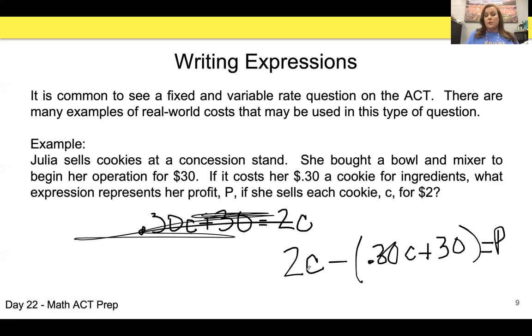So 2 minus 30 cents, she's making a profit of $1.70 per cookie. And then once she makes $1.70 per cookie, she's got to subtract out the $30, that fixed cost, and that's going to give her her total profit. So basically, she's got to make $30 before she gets any profit. But once she's paid for the bowl and the mixer, she didn't have to pay for them again.